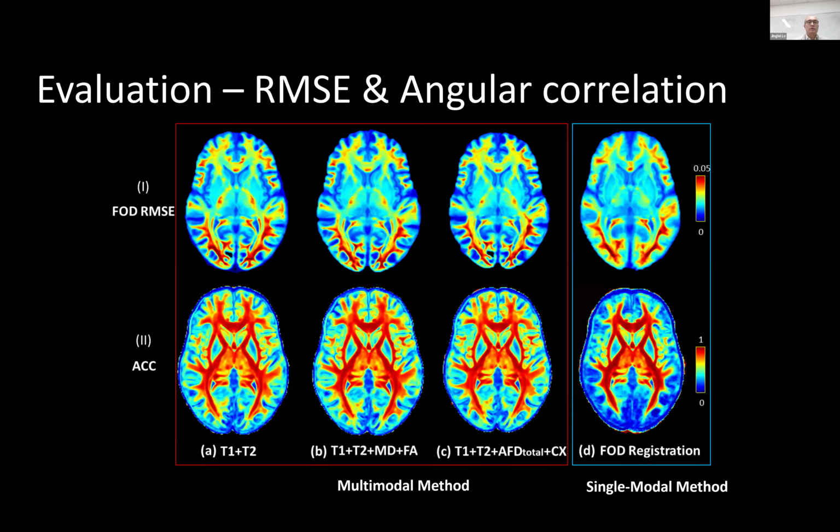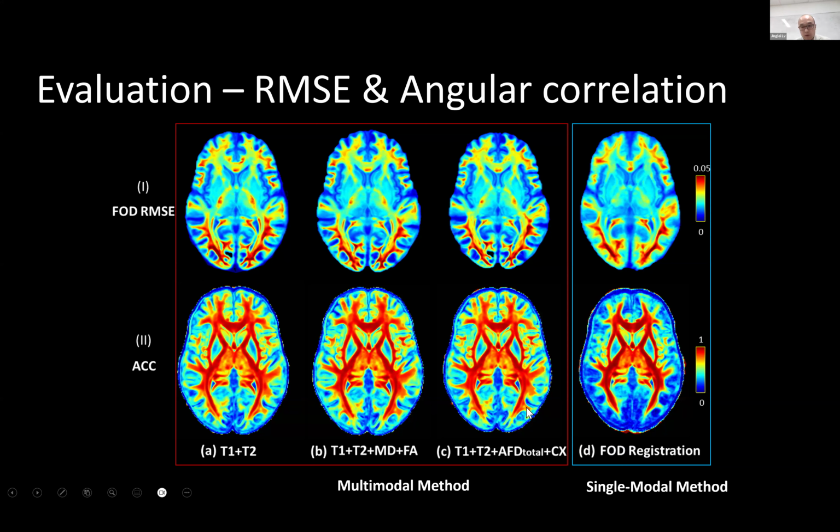And we did develop a quantitative measurement to evaluate the template. Here, what we measure is the individual template difference. One metric is FOD root mean squared error, and the other is the angular correlation.